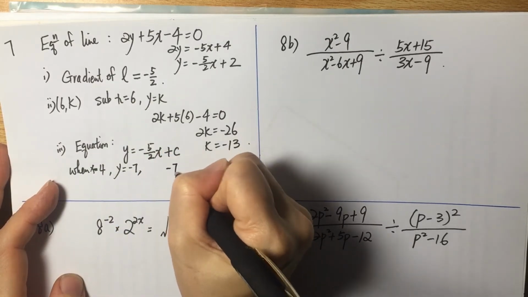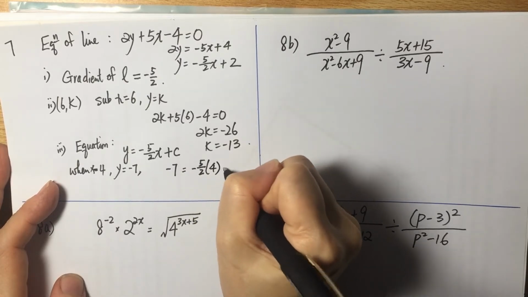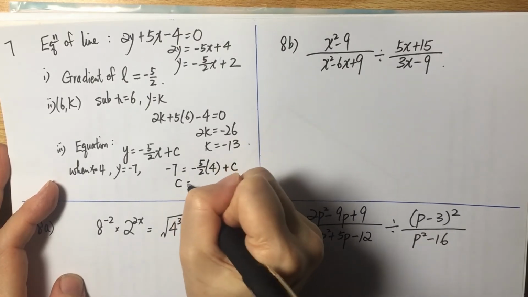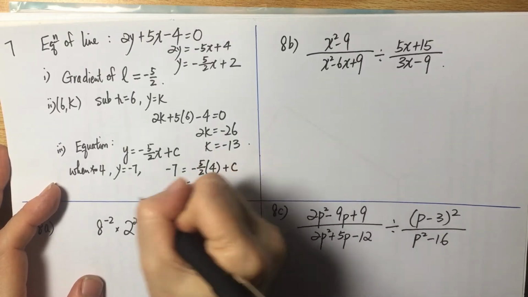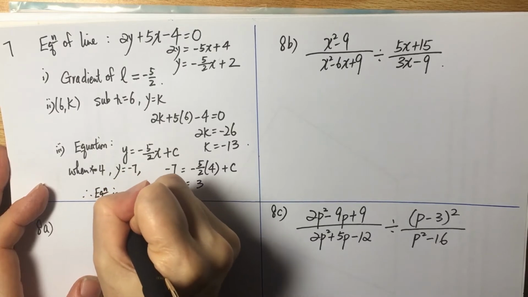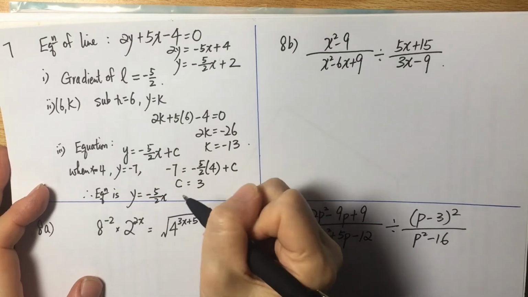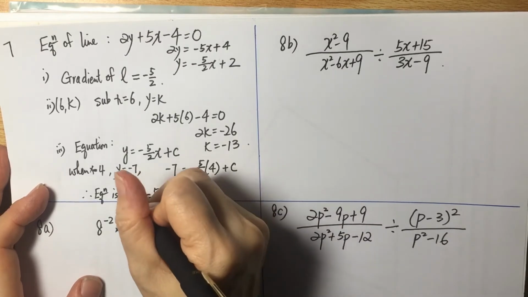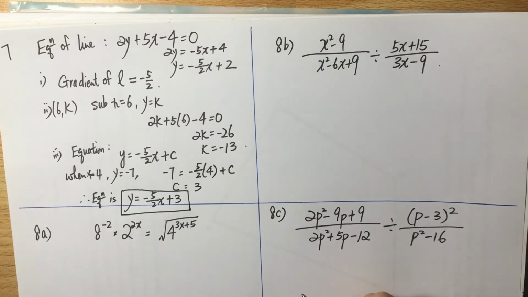So we have negative 7 equals to negative 5 over 2 times 4 plus c. So c is actually equals to 3. So therefore the equation is y equals negative 5 over 2 x plus 3. So this is the equation of the line.